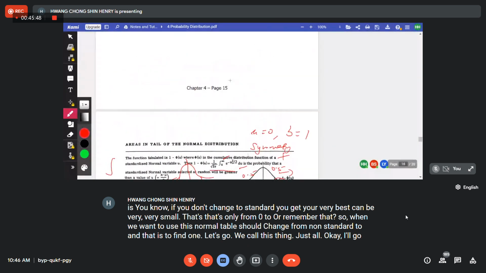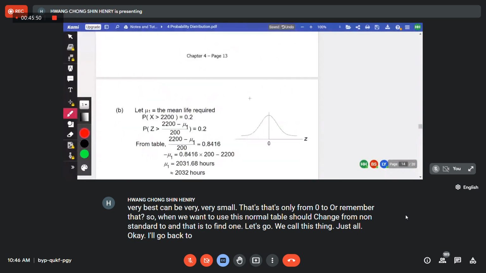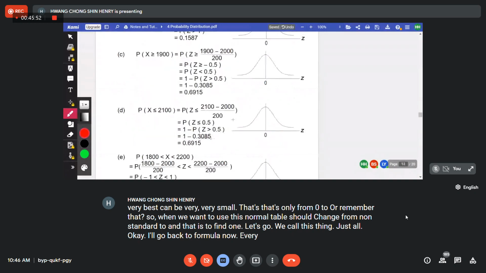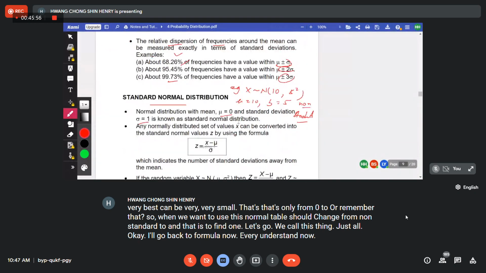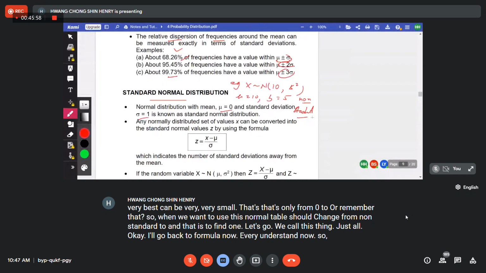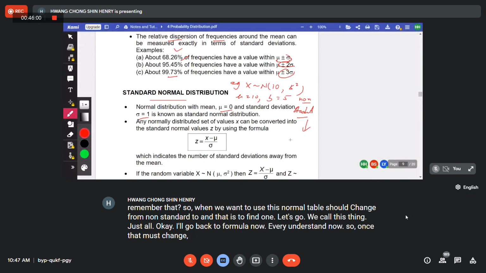Okay, I go back to the formula now. I hope everybody understands now. So non-standard must change to standard. How do we know we already reached standard? Use this formula.